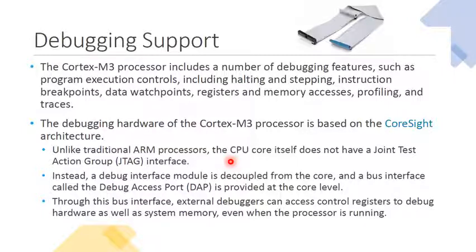That disconnecting process is called decoupling from the core. Core means the CPU or the processor. Once it is disconnected, a bus interface called the debug access port is provided at the core level. There will be an alternate slot for the RAM. The same RAM which you disconnected can be reconnected to the other slot available in the motherboard.